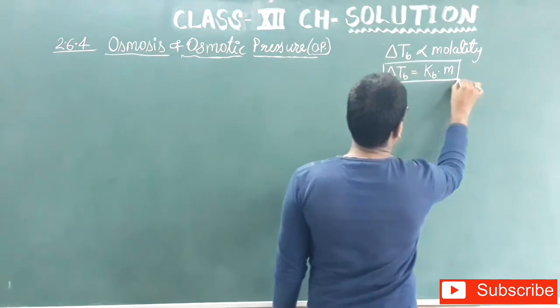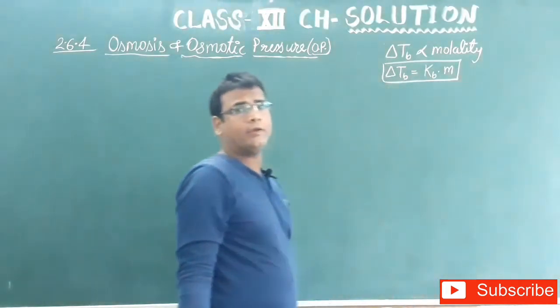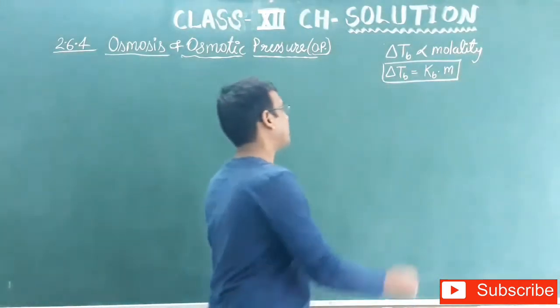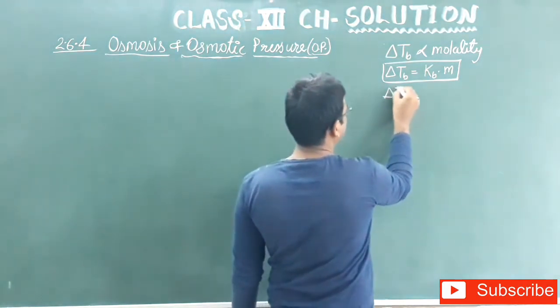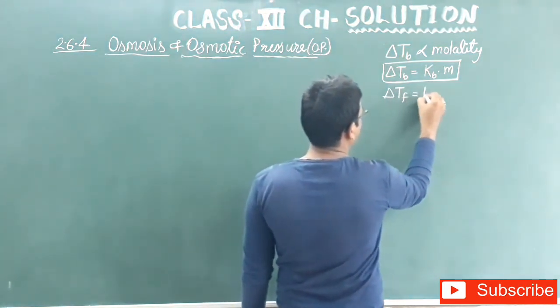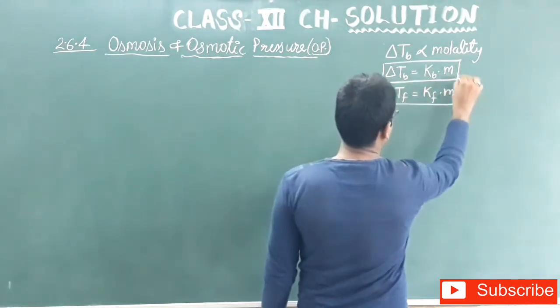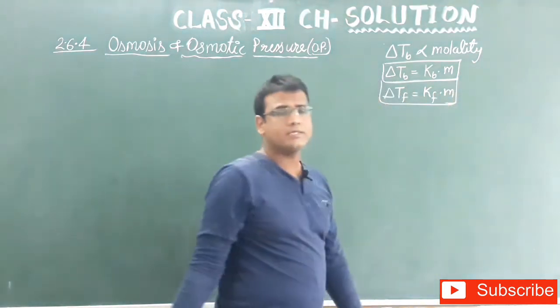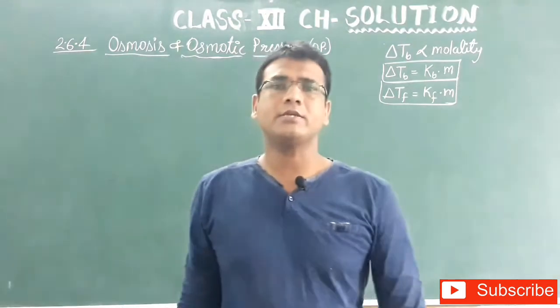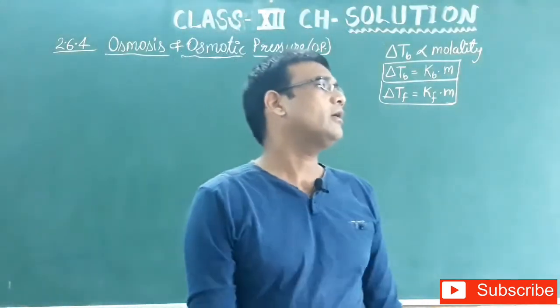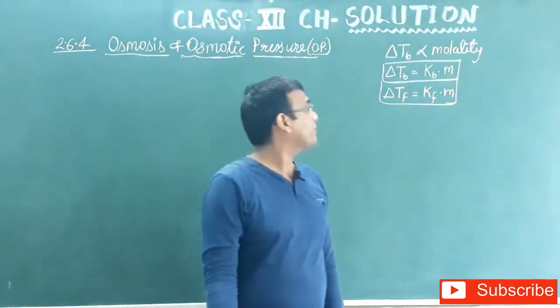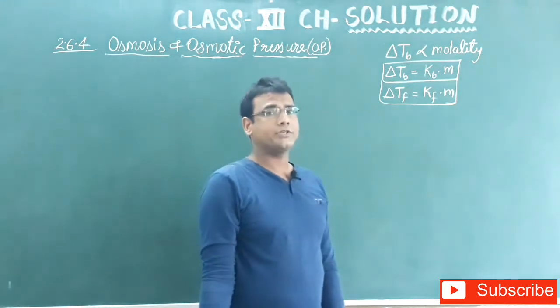This was the second colligative property, elevation in boiling temperature. The third one was delta TF equals Kf into m, the expression for lowering of freezing point, or depression in freezing point.